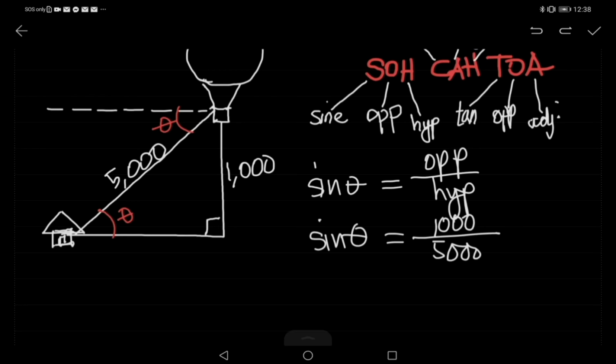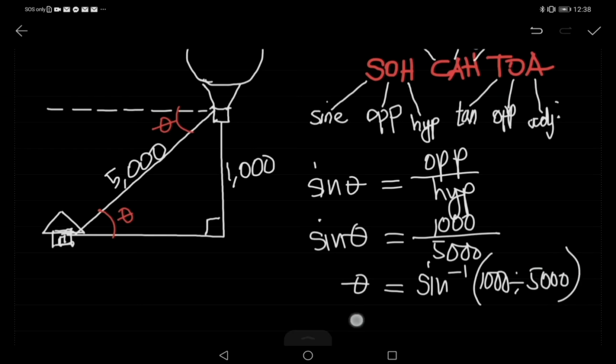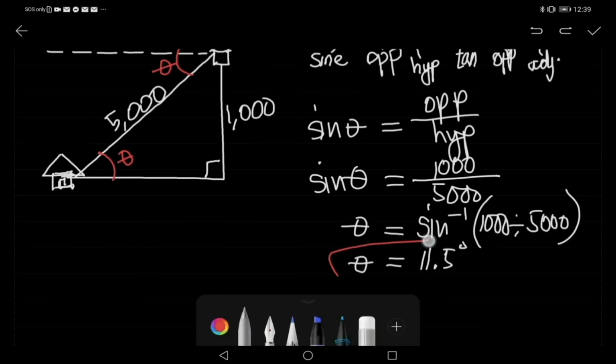So the value for theta is inverse sine of 1,000 divided by 5,000. So theta is equal to 11.5 degrees. So this is the answer.